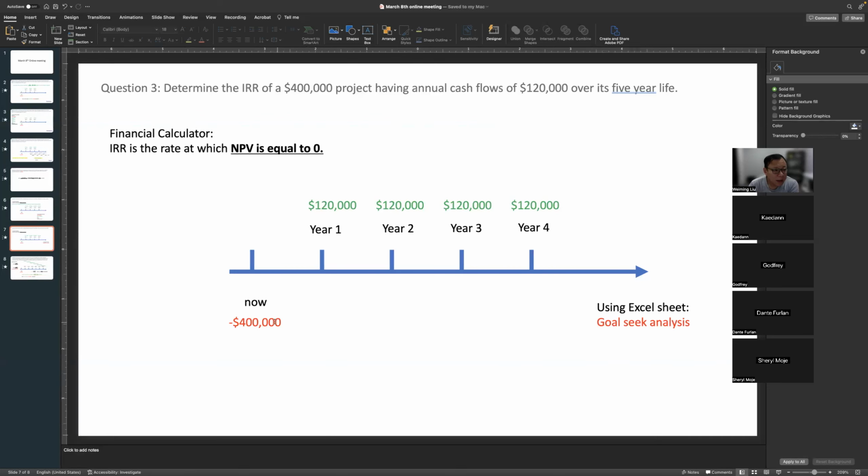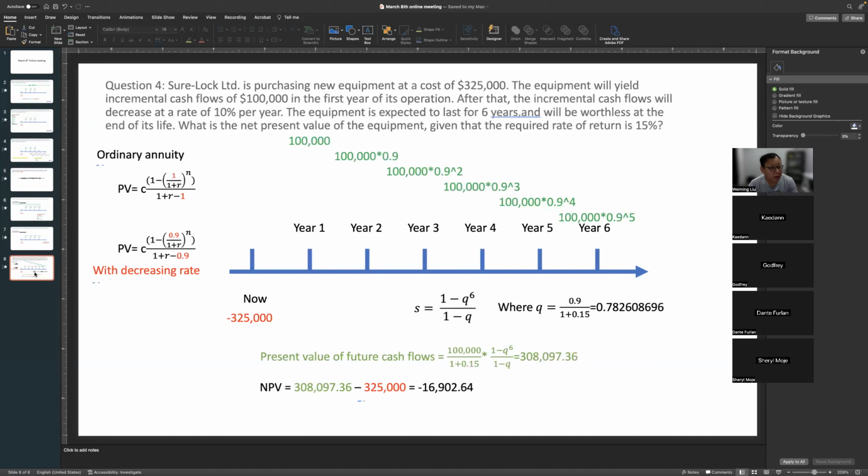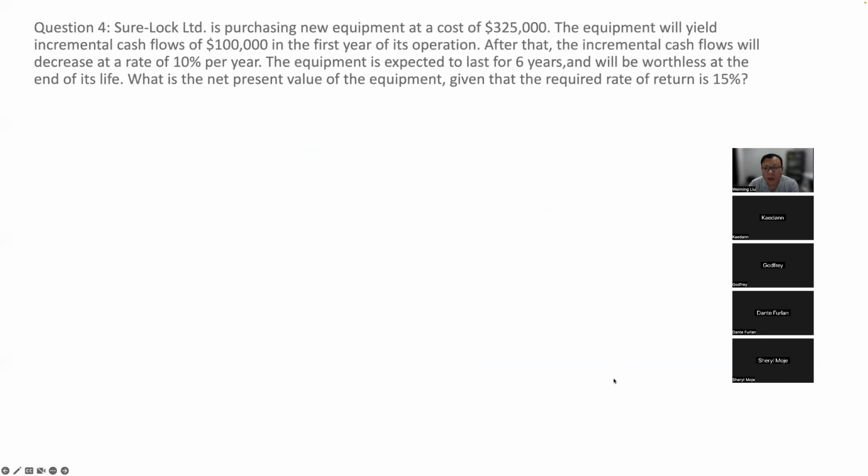Okay. So now let's move on to the last question. Okay, question 4. This company is purchasing new equipment at a cost of $325,000. The equipment will yield incremental cash flows of $100,000 in the first year of its operation.